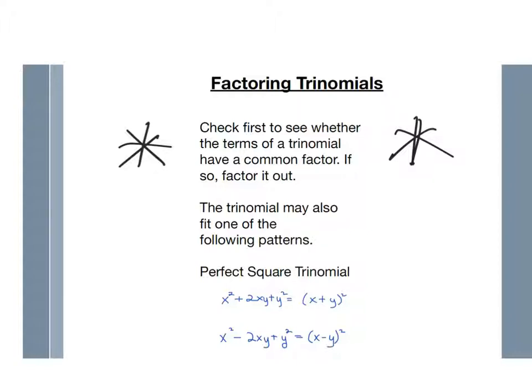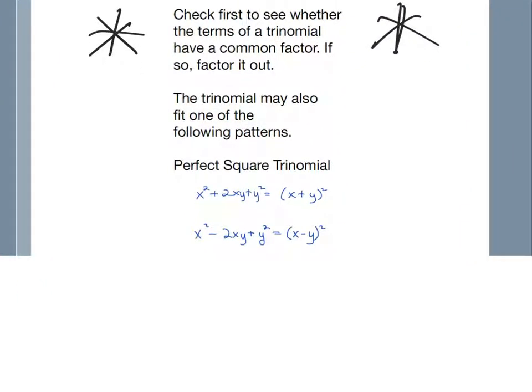Now, sometimes some of our trinomials might fit into a special pattern called the perfect square trinomial. Whenever you factor a perfect square trinomial, the answer ends up being a binomial squared.